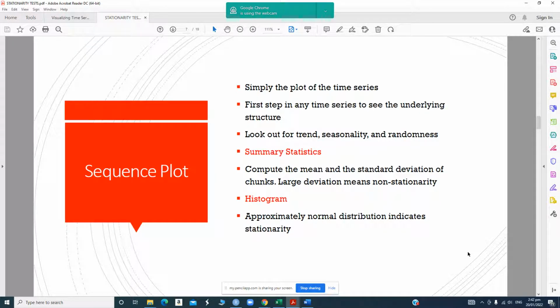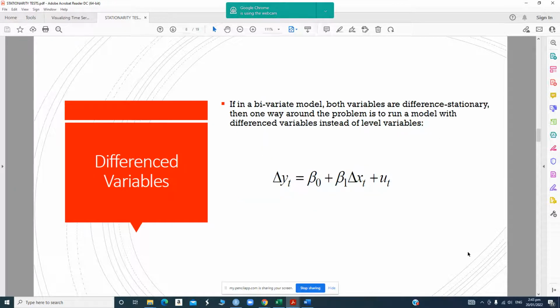Then for summary statistics, we can compute the mean and the standard deviation of the chunks. Large deviation actually means non-stationarity. We can plot the histogram. Approximately normal distribution usually indicates stationarity.